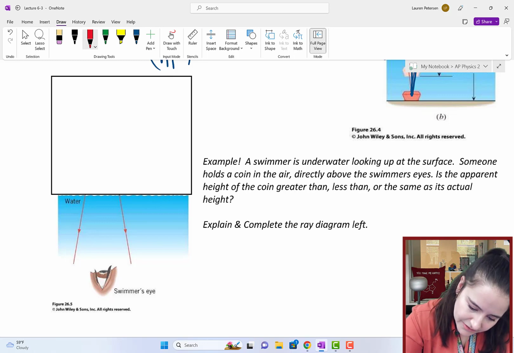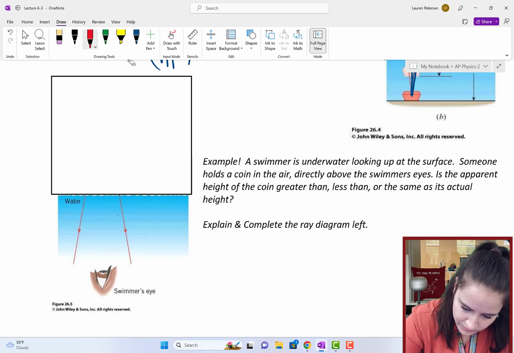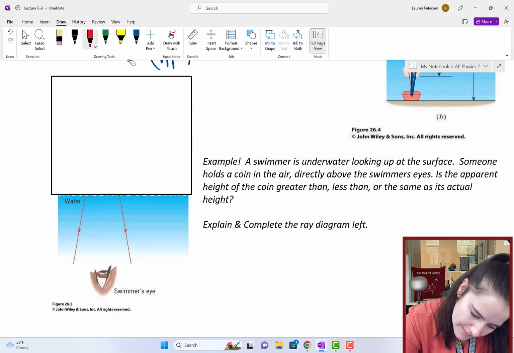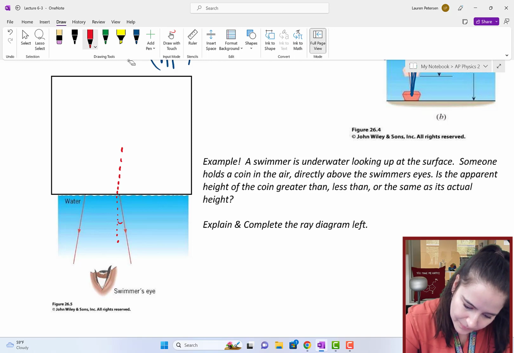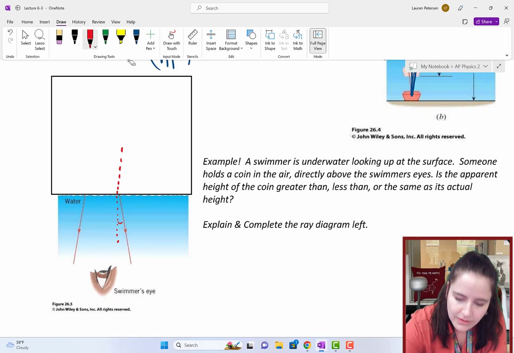So if we have this surface here, I'm going to go ahead and draw in the normal line. That's not too straight. There we go. Still not very straight. Come on. There we go. So we know that the water has a higher N, so the light's going to be going slower there.